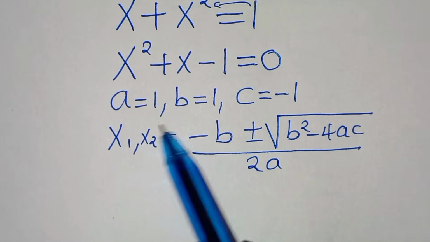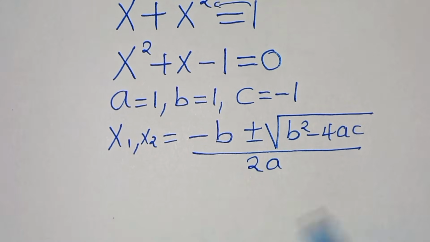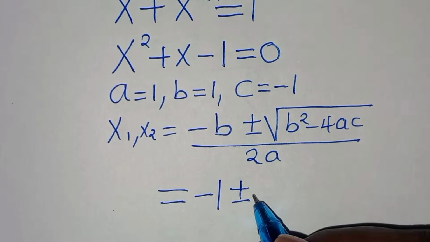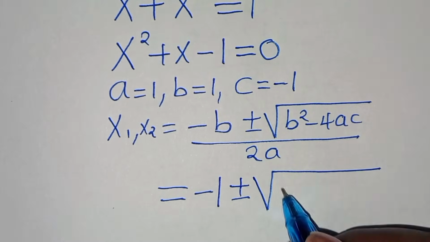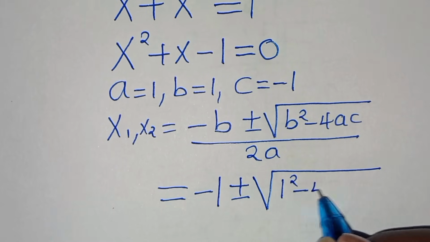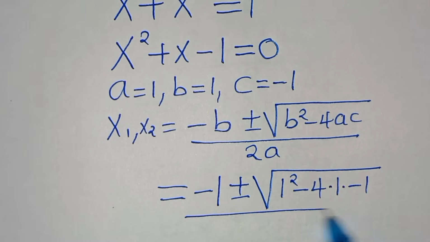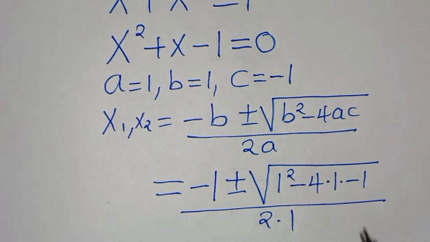Let's substitute the values of a, b, and c into this formula so that we have minus 1 plus or minus the square root of 1 squared minus 4 times a, which is 1, then times c, which is minus 1, everything here divided by 2 times 1.